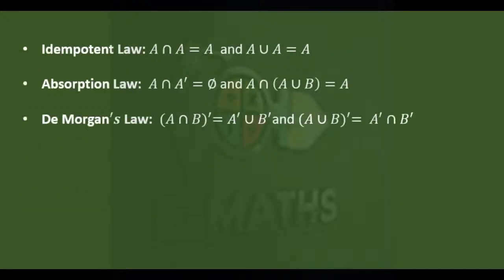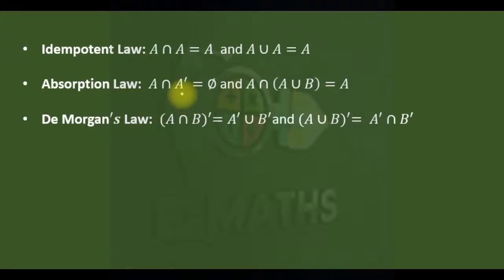So let's finish the last three. We have idempotent law. Idempotent law is just A intersection A is the same as A, and A union A is A. So that's idempotent law. Why absorption law? A intersection its complement is a null set, because a set and its complement will not have the same member.